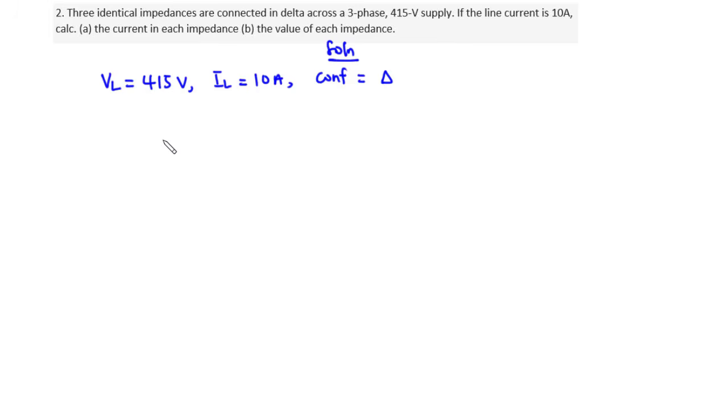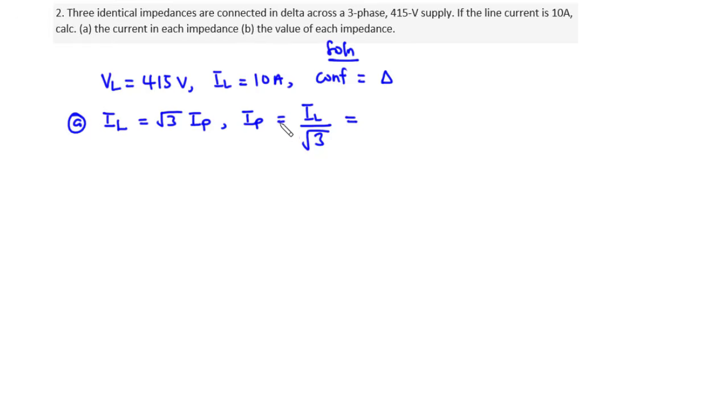Now, because this is a delta network, we know that the line current is root 3 times the phase current, and the current in each impedance is basically the phase current. So let's find the phase current, and that is IL divided by root 3.